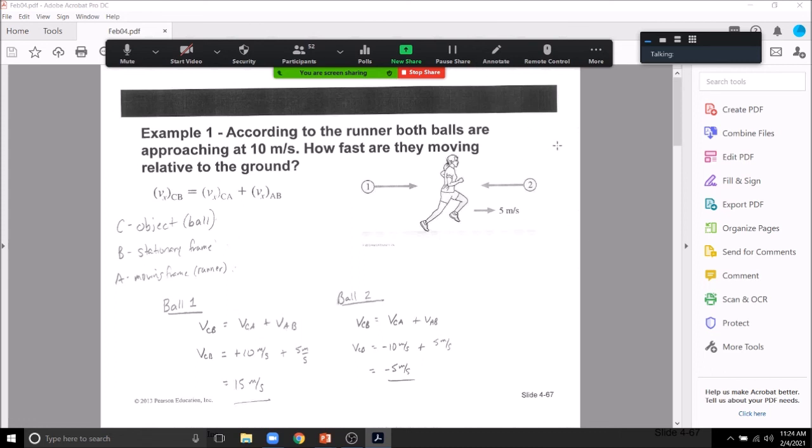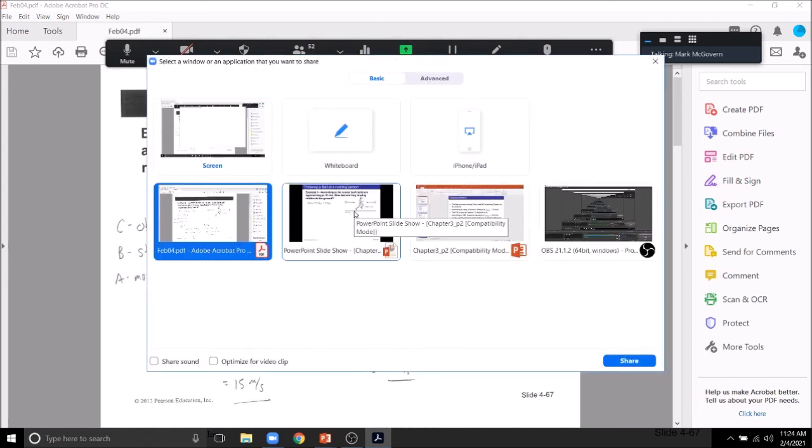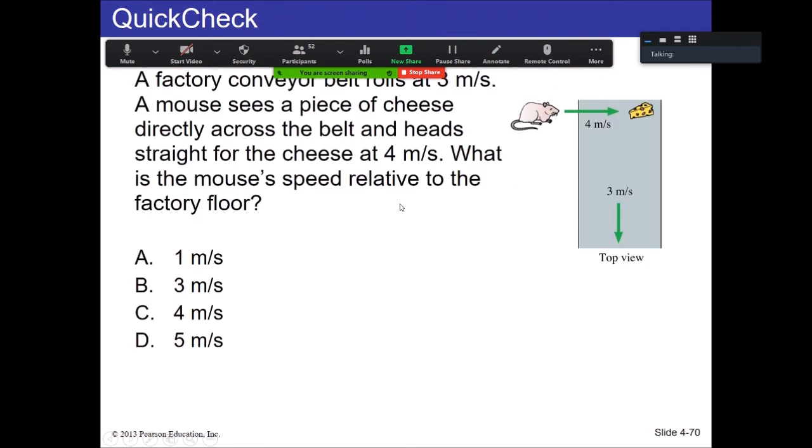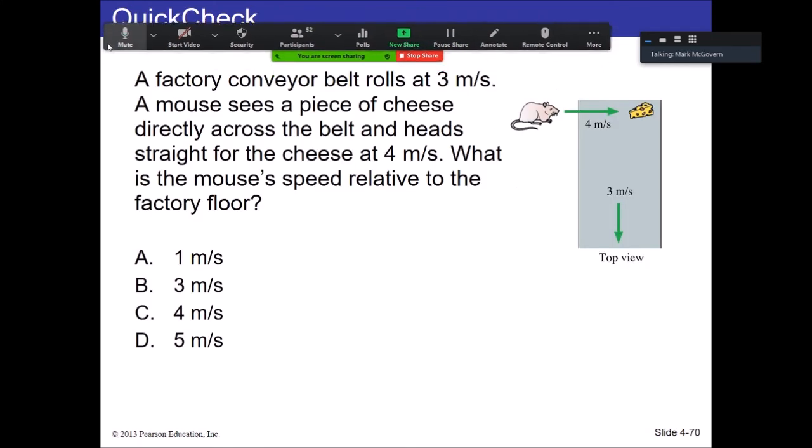All right, let's get back to it. I got a question for you. A factory conveyor belt rolls at 3 meters per second. You got this tasty looking cheese right here, and this mouse wants it. So the mouse is going to run toward it at 4 meters per second.